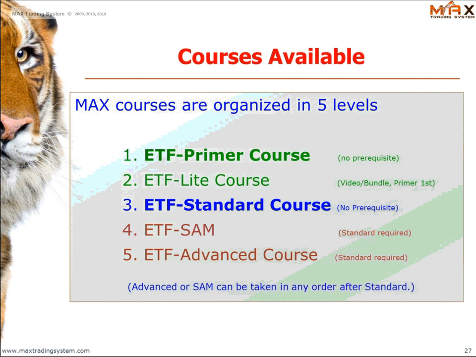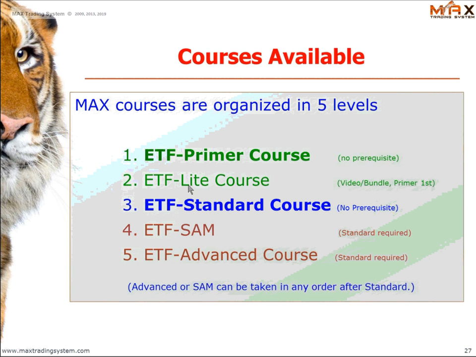Then we have the Max ETF standard course, which represents our flagship course with the most important concepts within the Max, essentially the scaling technique, but also some important concepts like how to handle the news release, and many other points.